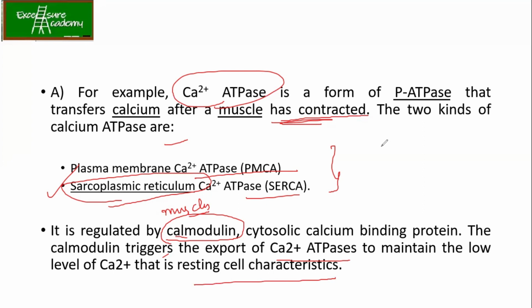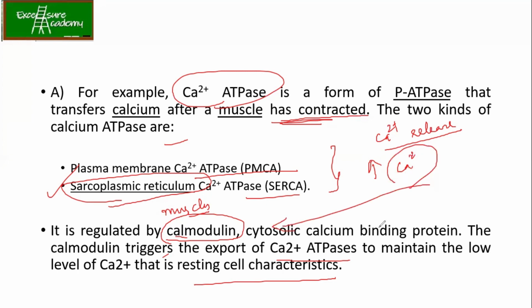Okay, now the muscle cell has contracted. Contract हो गया तो मतलब calcium 2 plus आपका release हुआ है. Okay, understand this. Contraction means calcium 2 plus has been released. Now release means the concentration has gone up. So there is so much concentration of calcium in the cytoplasm, correct? So this calcium can go and bind to the calmodulin.